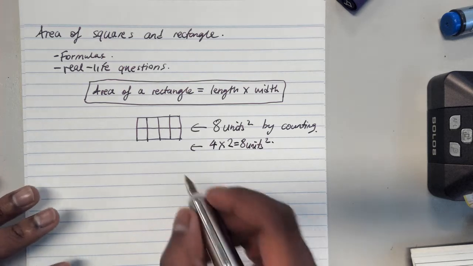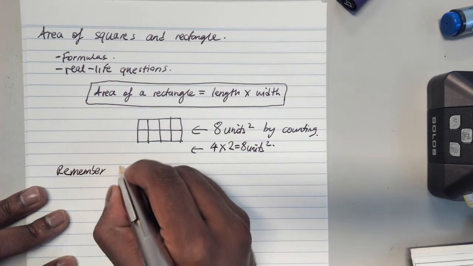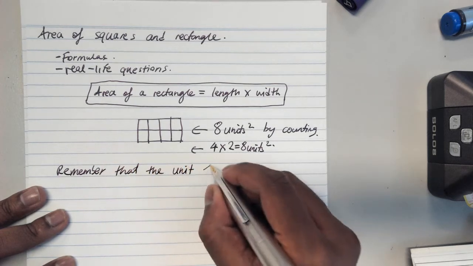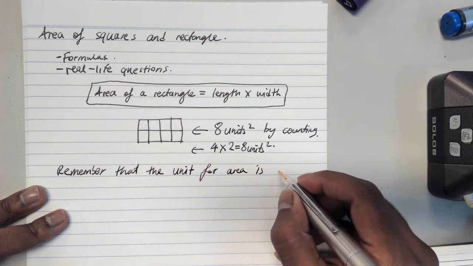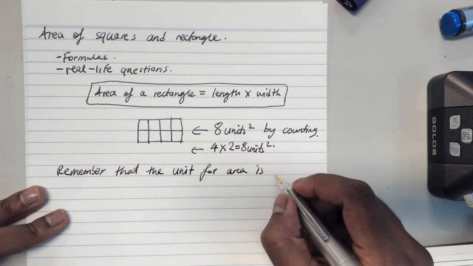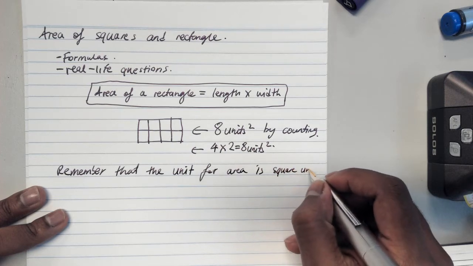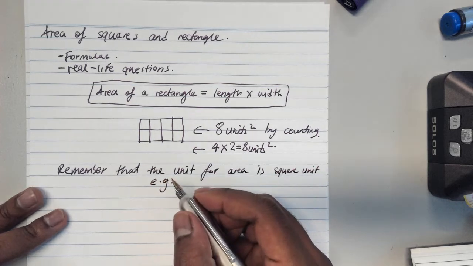Okay, so just remember that the unit for area is square unit. So for example, am I going too quick, people?